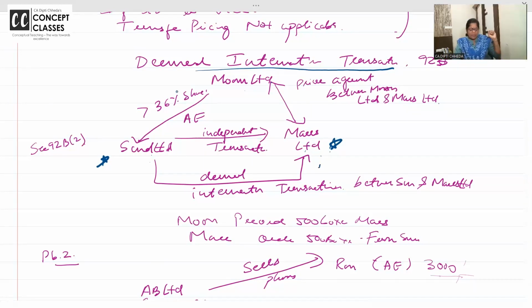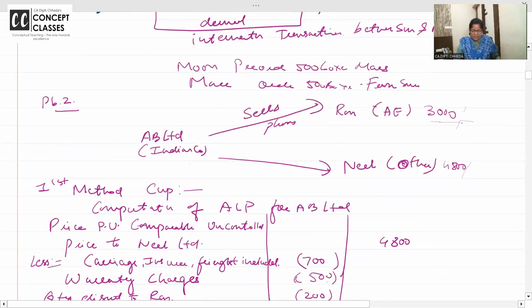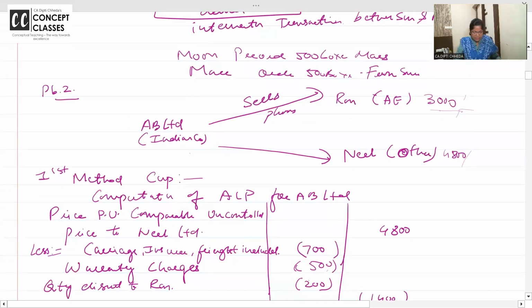Once again, Sun Limited and Moon Limited are associate enterprises, but Sun Limited is doing a transaction with Mars Limited, a third party, where Mars and Moon have already made a prior agreement. Then the transaction between Sun and Mars is also treated as a deemed international transaction.